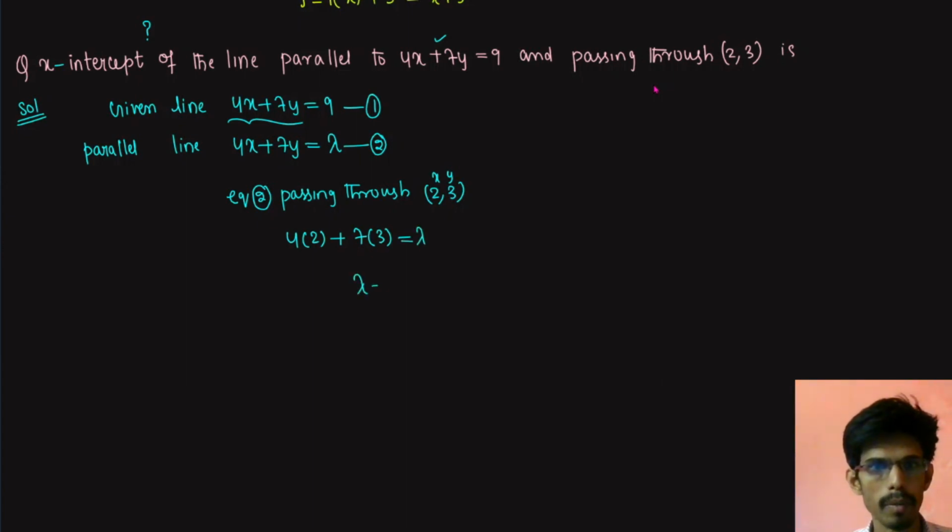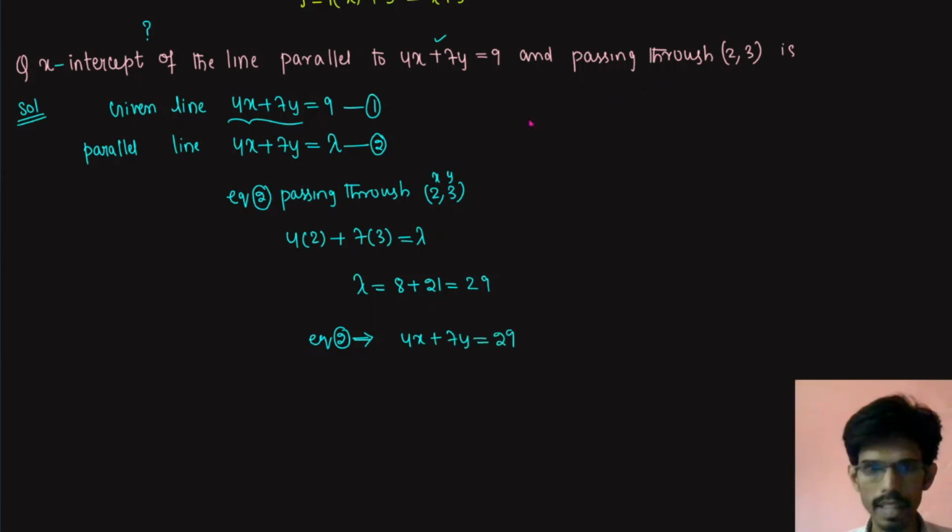So the value of lambda will be 8 plus 21, which will be 29. Now equation 2 becomes 4x plus 7y is equal to 29.